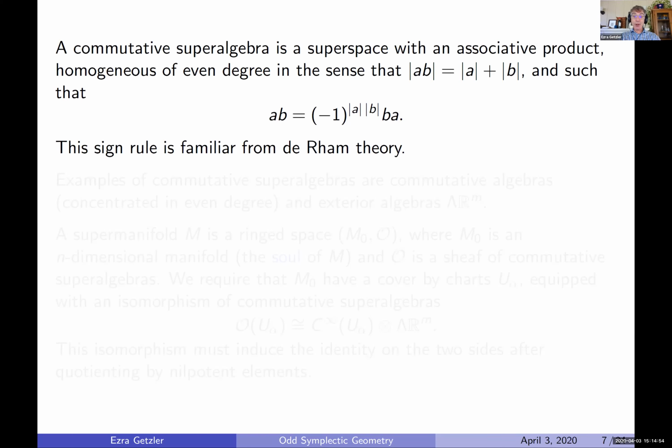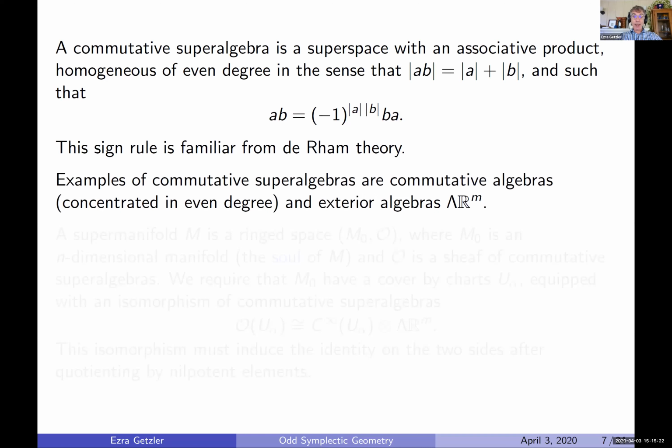And it has a twisted commutativity, namely, it's commutative except when you multiply two odd elements, and on odd elements it's anti-commutative. So what that tells you is if you have a collection of odd elements, they generate an exterior algebra inside the commutative superalgebra. Or maybe, if there are no relations, I should say they generate an exterior algebra.